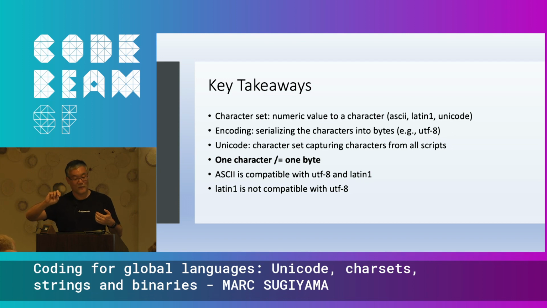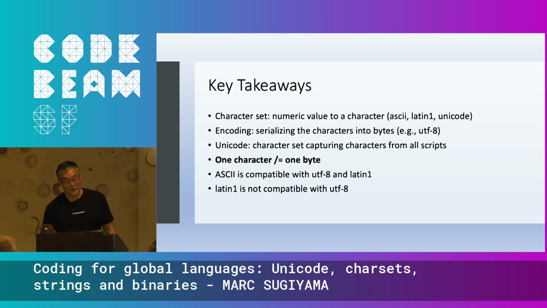So UTF-8 is an example of an encoding. UTF-8 is an encoding of Unicode. And this only became important when a character code, a numeric code, no longer fit in 1 byte. So we break the 1 character, 1 byte assumption. That's when we start to need these encodings.